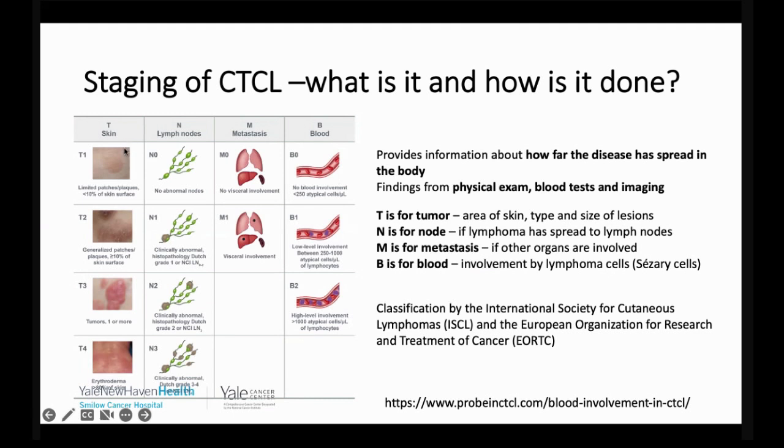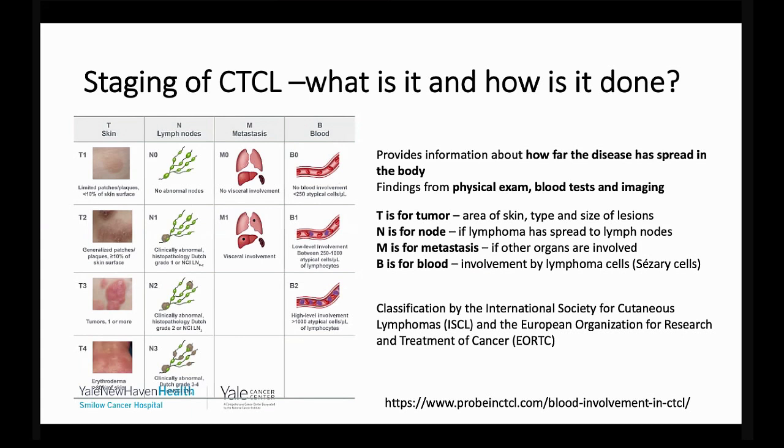On the left of the screen here, you can see this table explaining some of this further. For example, when we look at the T type or the skin involvement, T1 and T2 refer to patches as well as plaques. So these are either flat lesions or just slightly raised over the skin, which would make it T1 or T2 disease. T3 disease usually includes tumors, and T4 disease includes erythroderma, where more than 80% of the skin is involved.